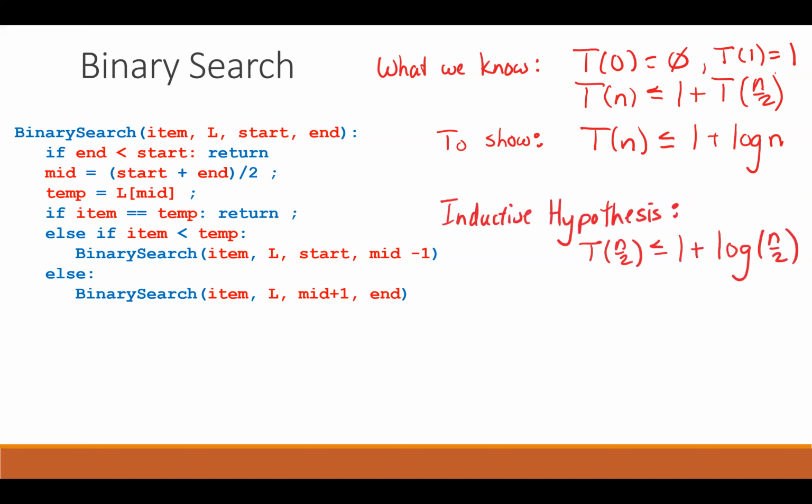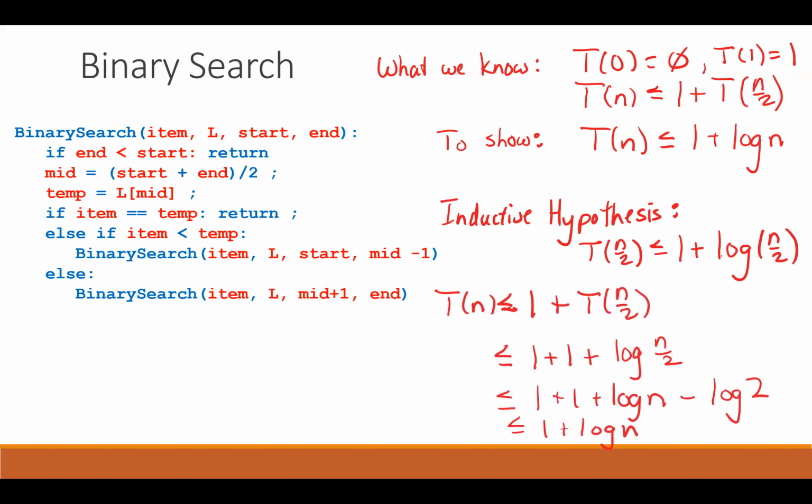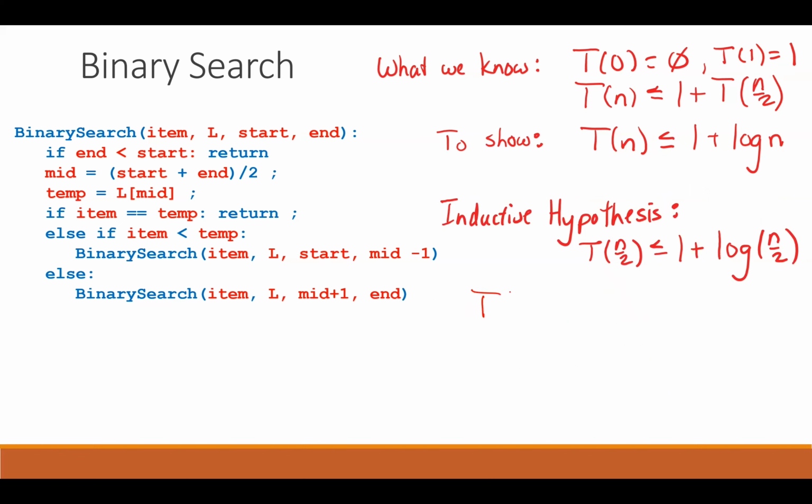Our inductive hypothesis: I assume this closed form is true for any value less than n. And then I plug that into my recursive case, T of n over 2. So I plug in 1 plus log of n over 2.